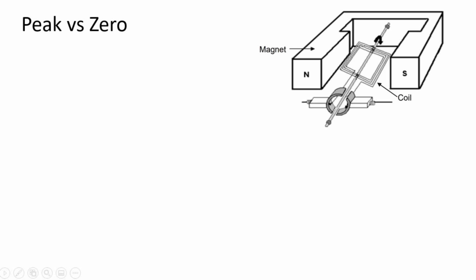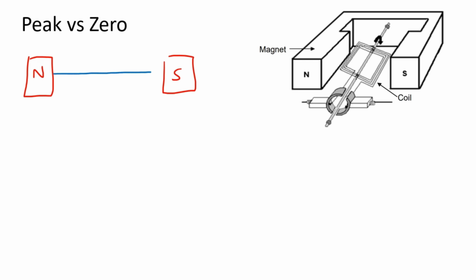So how do we know whether to draw the graph starting at a peak or starting at a zero? It's actually all based upon the diagram that they give you in the exam. The way that it works is I want you to draw your magnets. So you've got your north over here and you've got your south over here. Now, magnetic fields always go from north to south, so connect the north to south like that. Then depending on what they tell you in the exam, they're going to tell you where this device starts. So I'm just going to show this device by using the front part over here. That device could either start like that, where it's laying down.